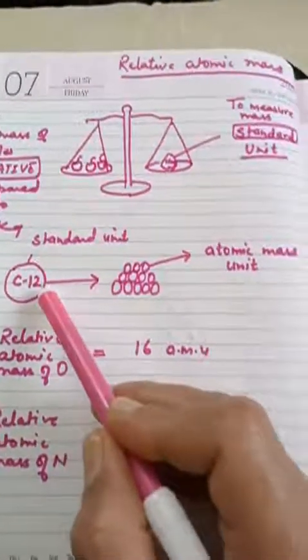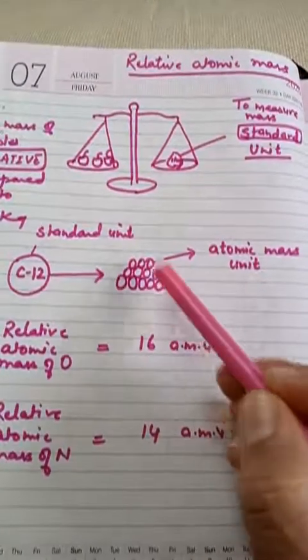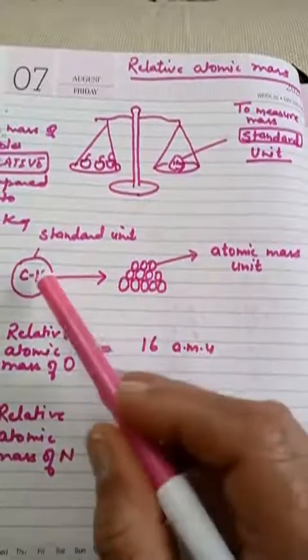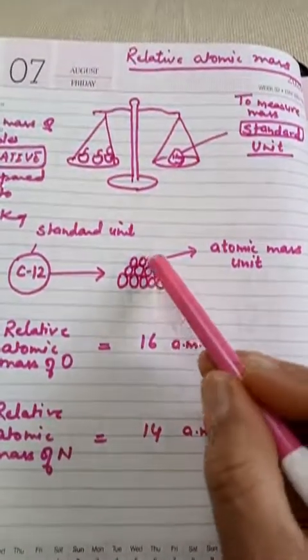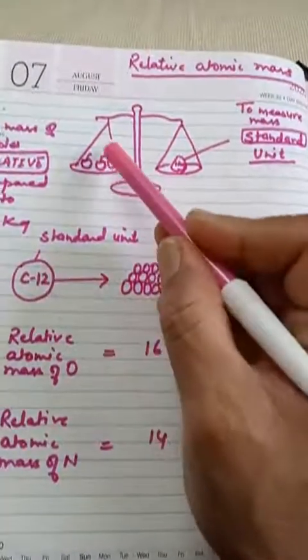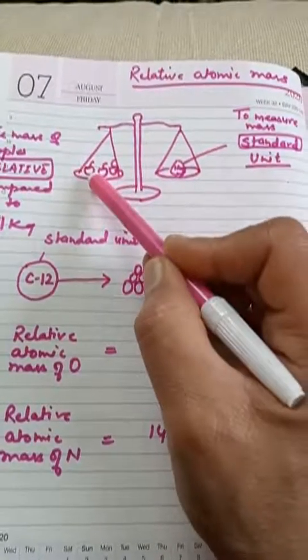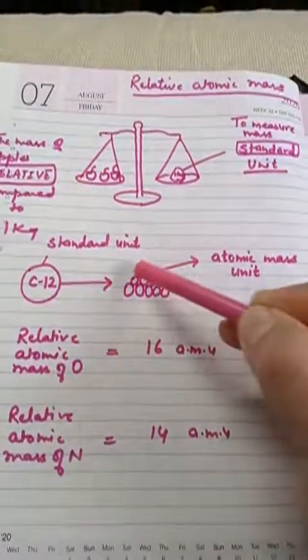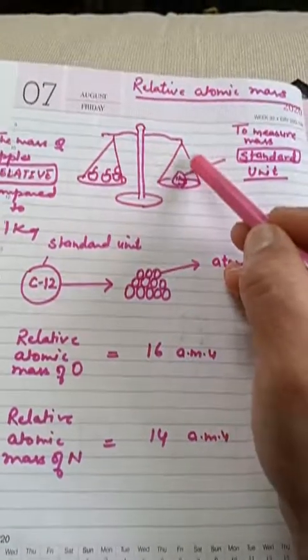Now suppose you divide this carbon 12 into 12 units. We have divided it into 12 units because it has atomic mass 12. So if you divide it into 12 units and keep one atom of carbon 12 on this side of the beam balance and these 12 units on this side, can you get equilibrium?